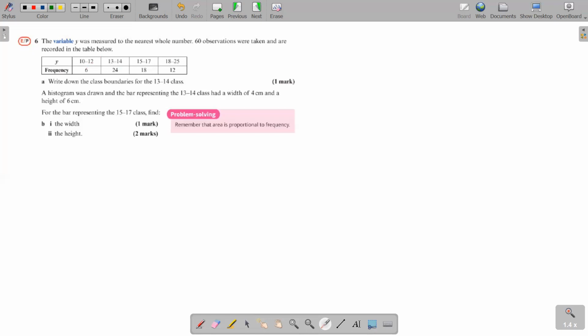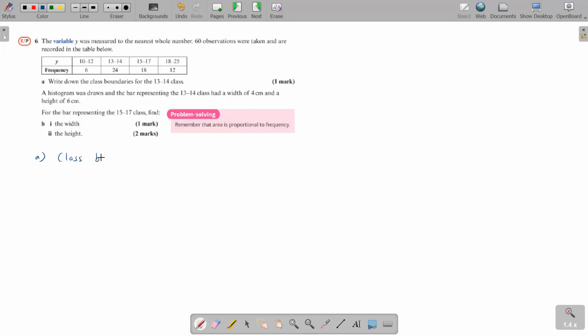You can see the gap between 12 and 13 is 1, right? So what do you do here? You have to take half of that value. You have to go halfway. So from the lower limit, we subtract half, and from the upper limit, we add half. Do you recall? This is something that you need to remember from the previous lesson.